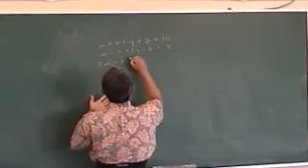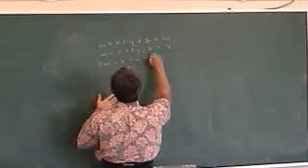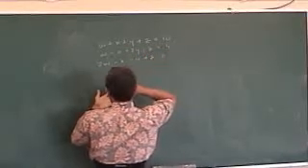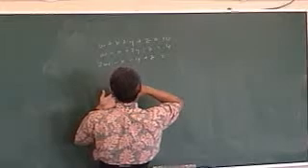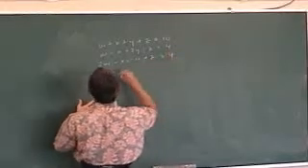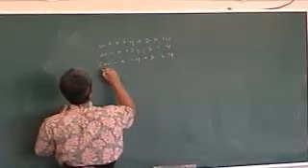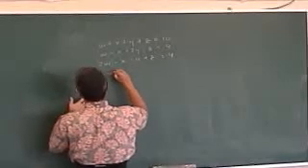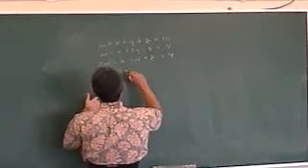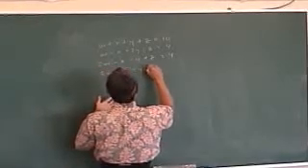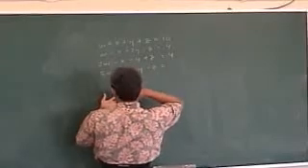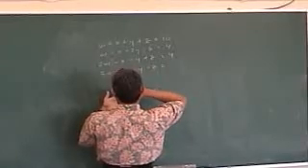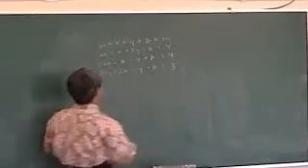Minus X minus Y plus Z equals 3. And then finally, 3W minus 2X minus Y minus Z equals, well, 3. Okay, there you go.